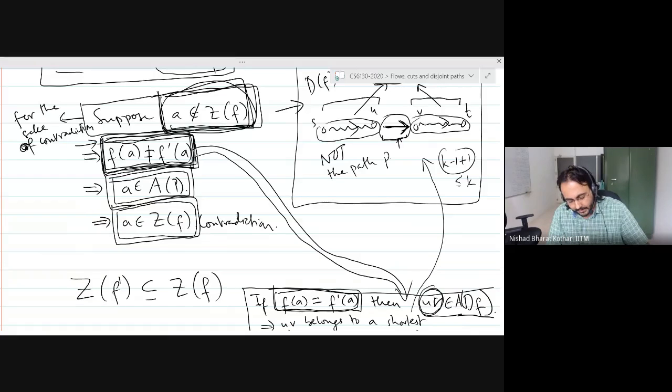And that is why we can say that A belongs to the incrementing path P that we chose. But remember, the path we chose is a shortest path. And so that means that A belongs to a shortest incrementing path. And so again, we reach the conclusion that it belongs to the Z set with respect to the flow F. And that is a contradiction.